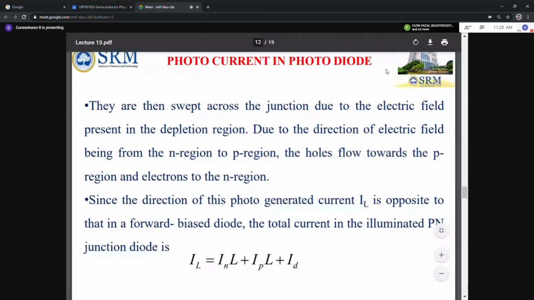The three combinations are there: INL is the current due to electrons, N type, IPL is the current due to holes, and ID is the dark current due to carrier densities.